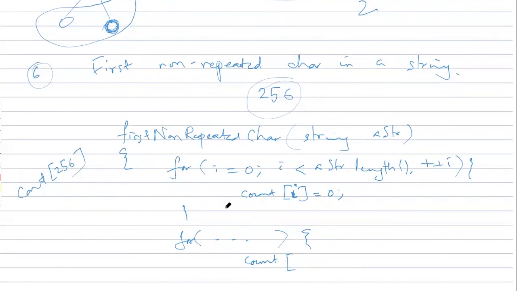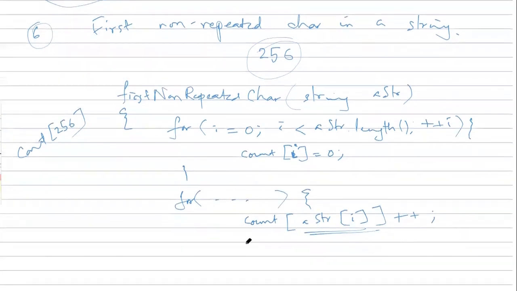So how do you increment? Because everything is indexed, you do count of str of i. So every character is occupying the index. So it's very similar to the counting sort.